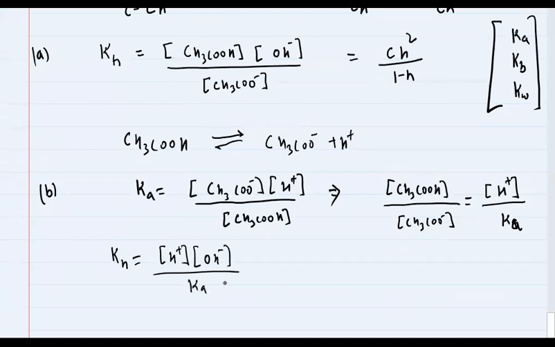Now, do you think that we can use something else over here? Can you see something here? What is concentration of H plus into concentration of OH minus? What is it called?